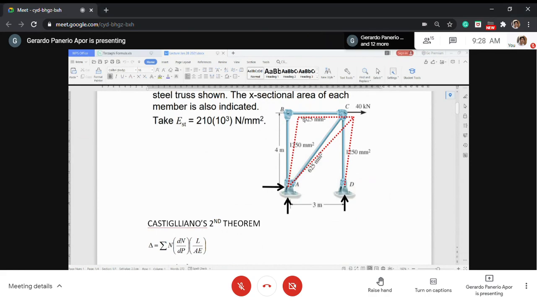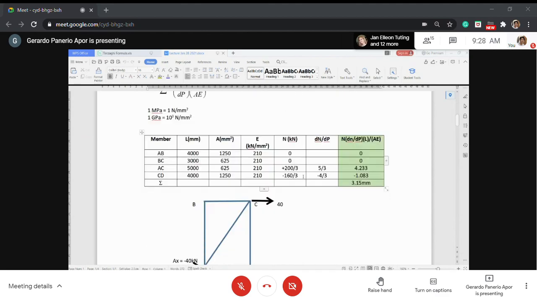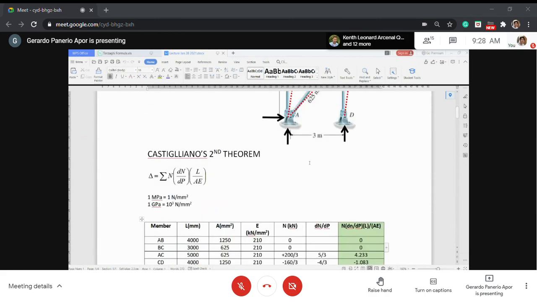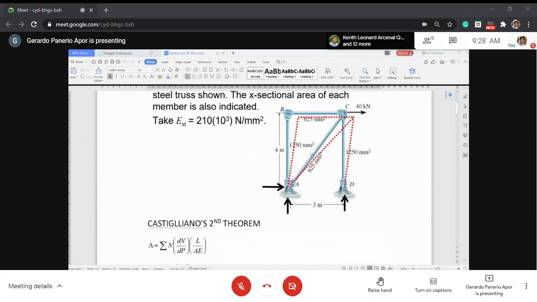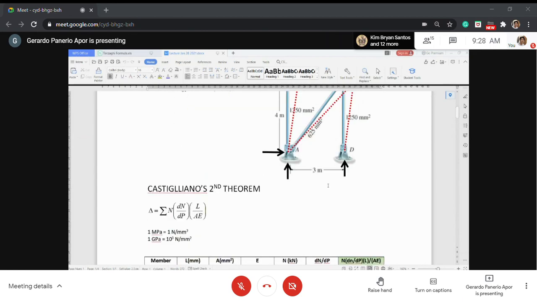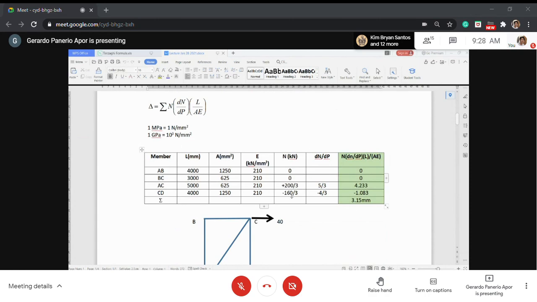So we can remove them, it cannot affect the structure. They are just riding along. That's why their actual force is 0 and 0. But for AC, this is tension, meaning it stretches, and then CD is compression. That's why you have positive 200 over 3 and then negative 160 over 3.